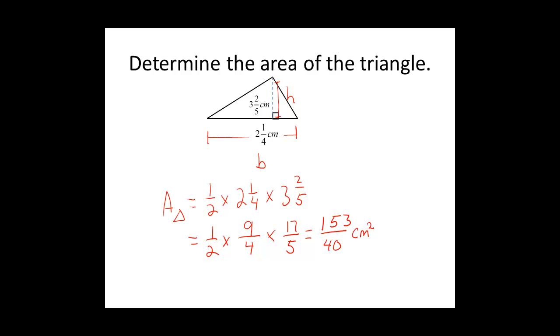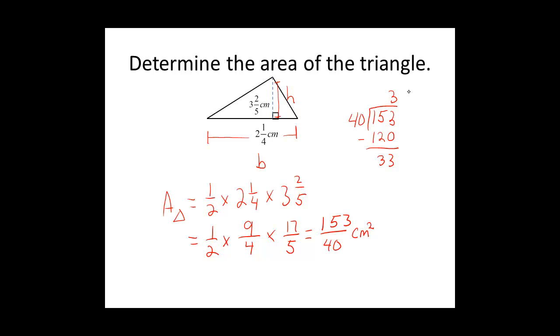We can change this to a mixed number by putting the numerator inside of the division house and dividing by the denominator. What times 40 gets close to 153 without going over? 3 times 40 is equal to 120, and when we subtract, we get 33. 33 is less than 40, so we know that we have divided correctly.